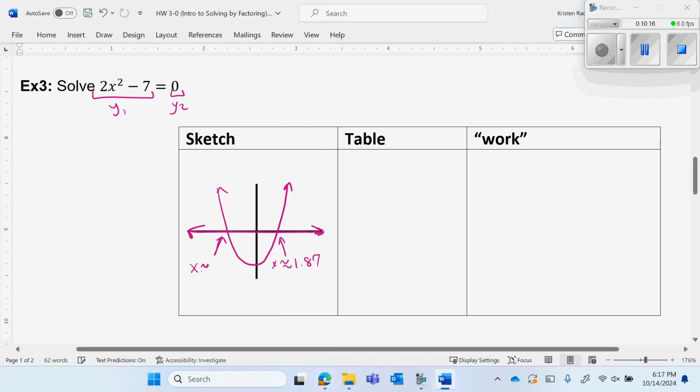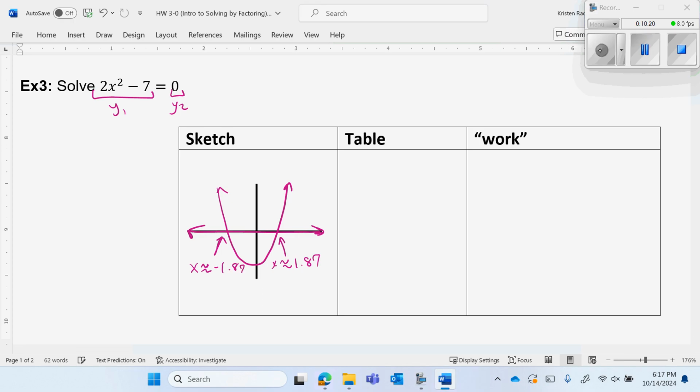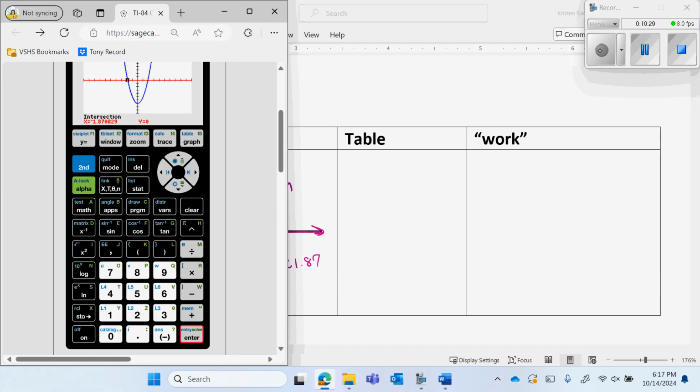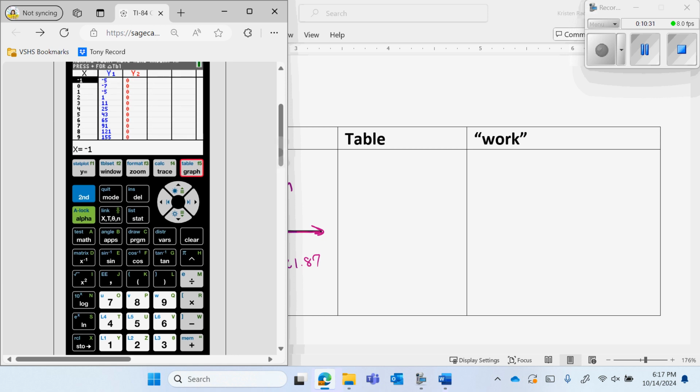So using your calculator, finding the intersection with second trace intersect is very helpful, because if your answers aren't nice numbers, integers, then you will not see them in the table. These values will never match, which is really unfortunate.